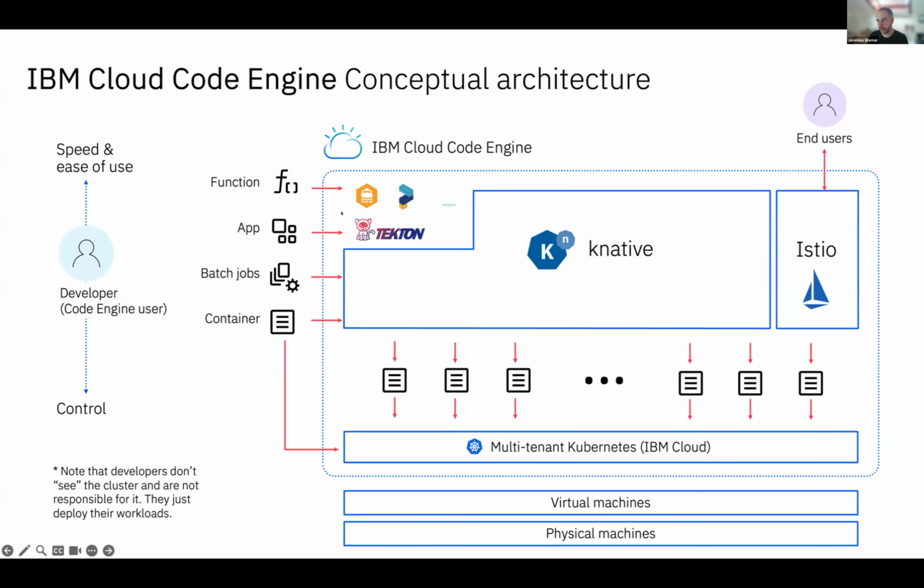We also use some artifacts from IBM Cloud Functions, which are part of Apache OpenWhisk, which is also still used to ensure very fast scale-up times for functions, for example. So the user, the developer, is just going to Code Engine, dealing with a function, an application, a batch job or a container, can run it, and we are managing the whole infrastructure for them.